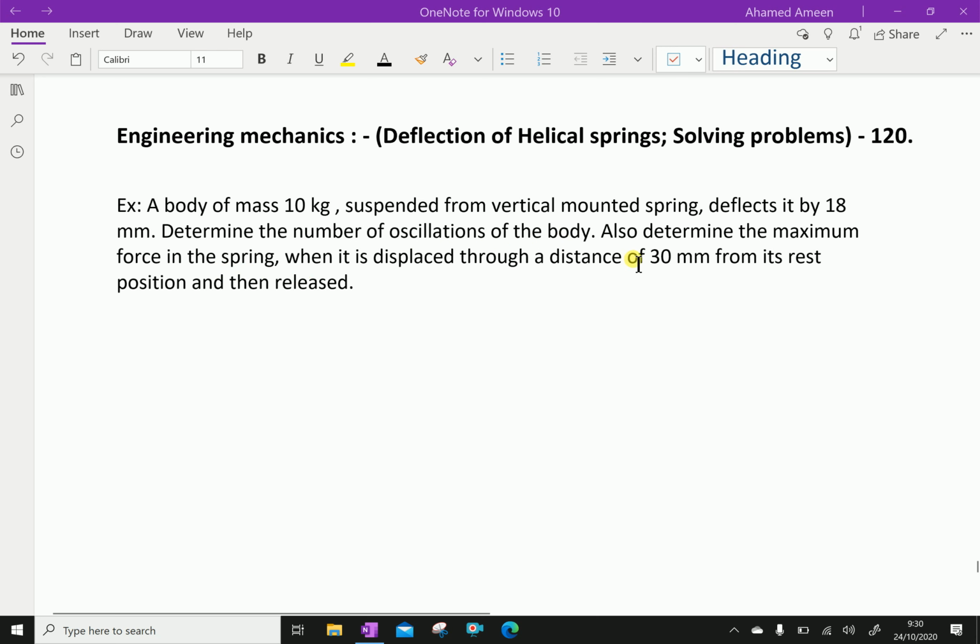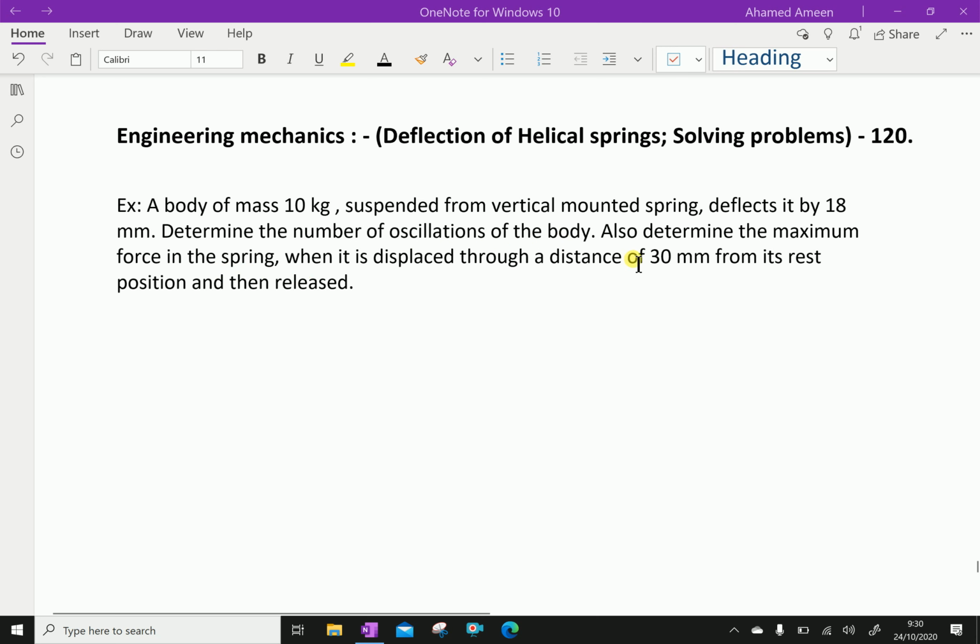So which is equal 1 over 2 pi into square root of 9.8 over delta equal 0.018. So which gives 3.72 hertz.